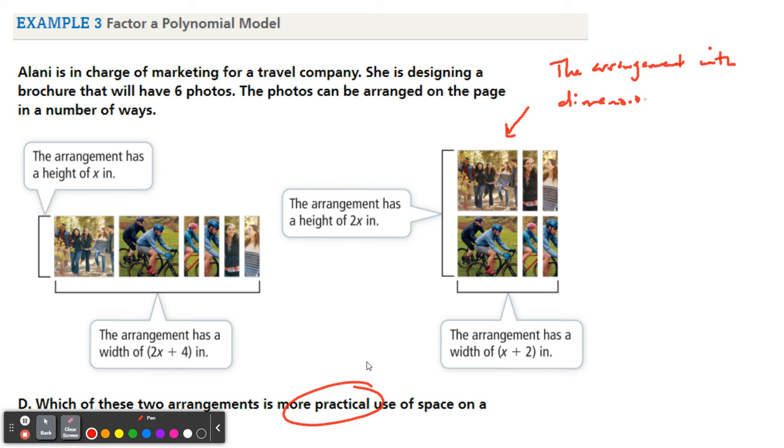And again, you could put this in your own words, with dimensions of 2x inches, which would be this, and x plus 2 inches, which would be this, is more practical.